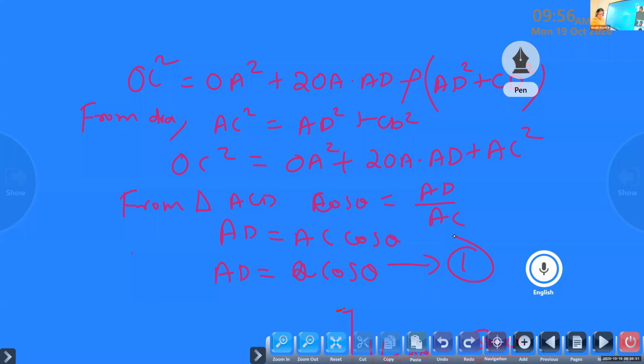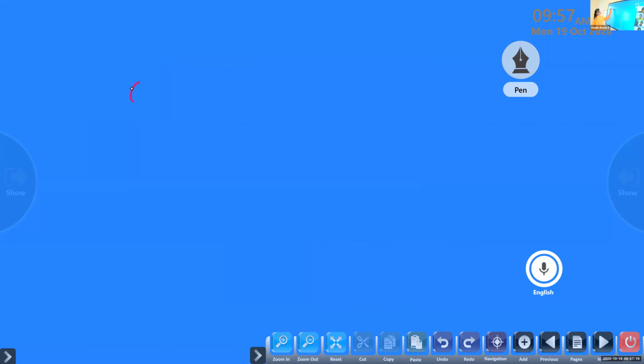Similarly, from the diagram, we got the value of AD, and now we are going to substitute it. CD we already know, and we are going to substitute all of it in the first equation: OC squared is equal to OA squared plus 2 OA AD plus AC squared. OC represents the resultant vector R, and OA represents vector P. Please look at the diagram at the same time.